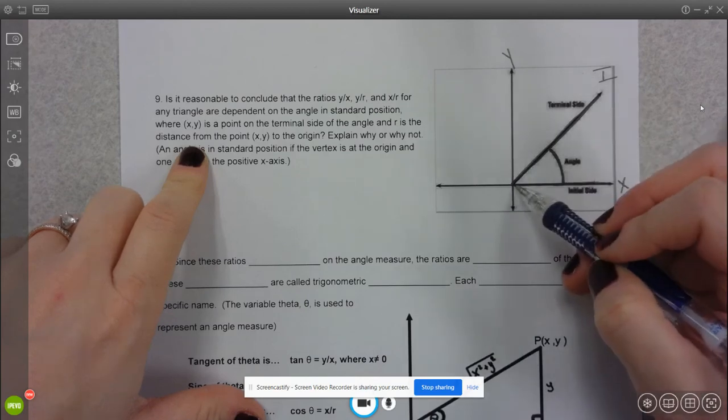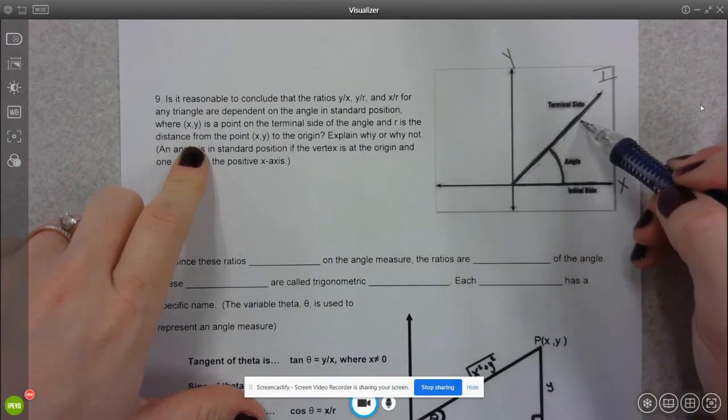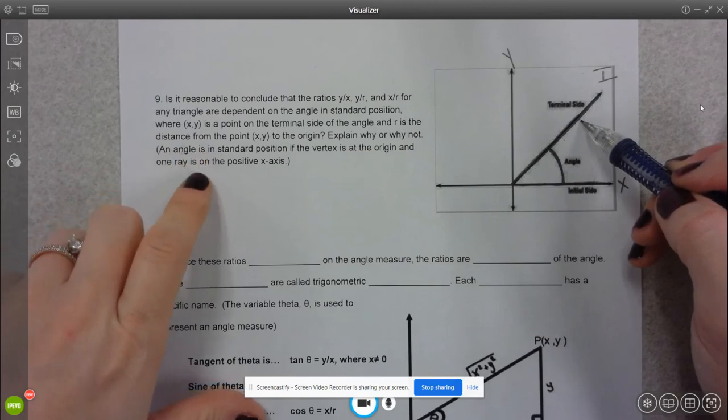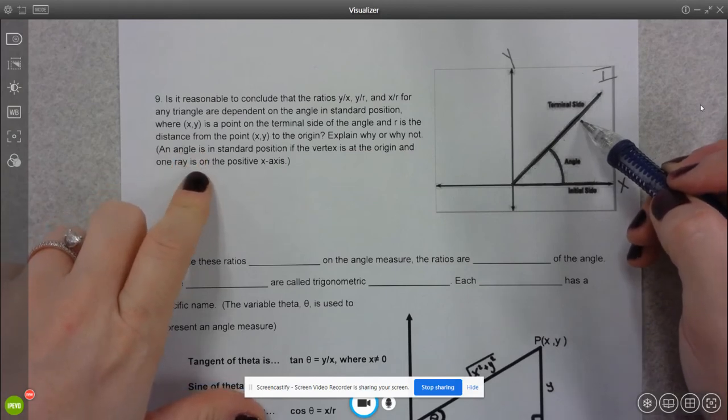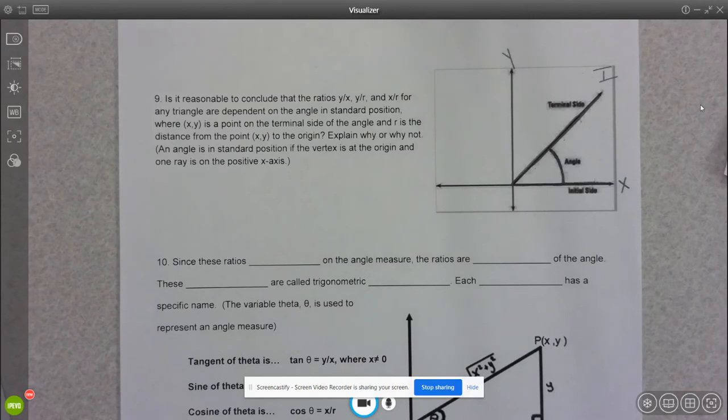So remember, this is where the points were changing. Would my ratio depend on x, y?